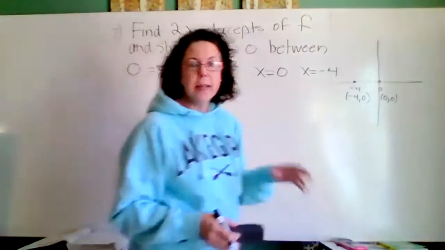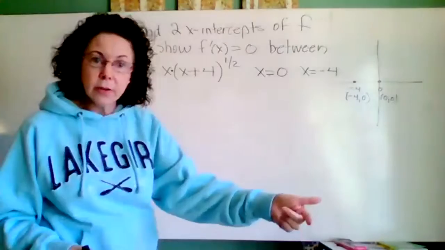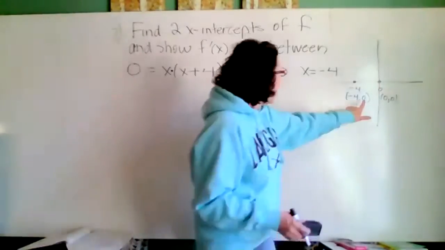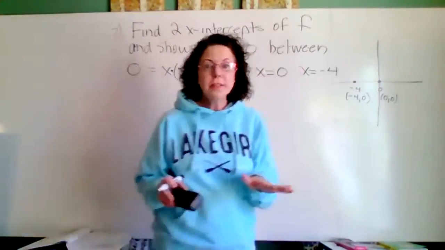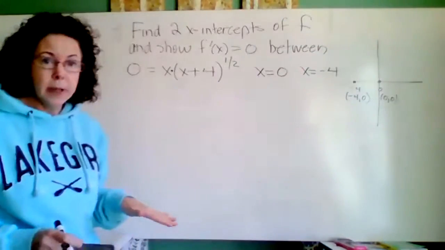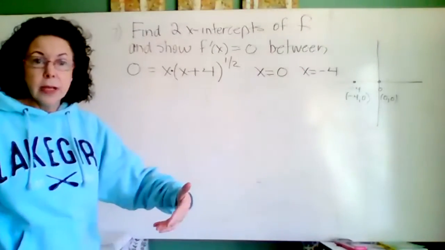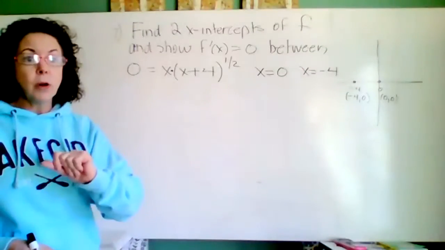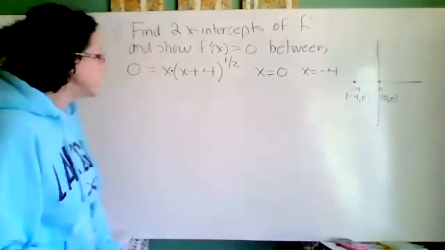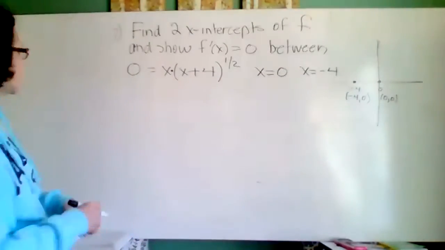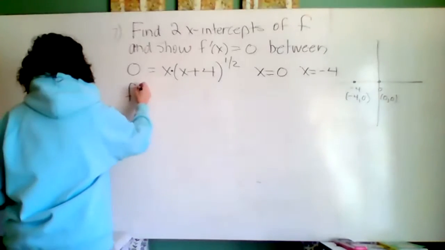When they asked me to find the x-intercepts, that forced a closed interval, and f of a equals f of b. So all of a sudden, this actually is Rolle's theorem, and that's why it's here. Okay, so any questions so far before I find this? Okay, then that's the hard part, isn't it? Let's go ahead and take the derivative.